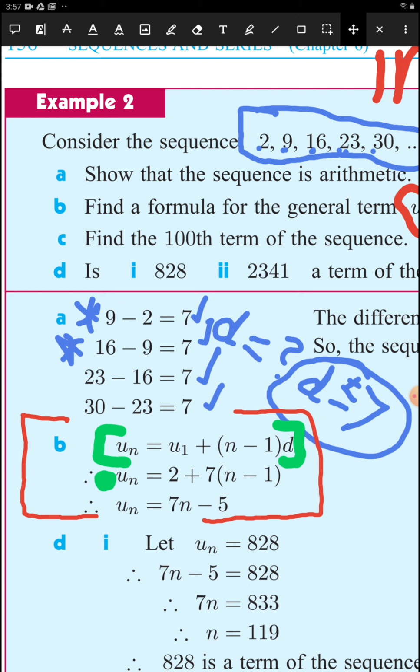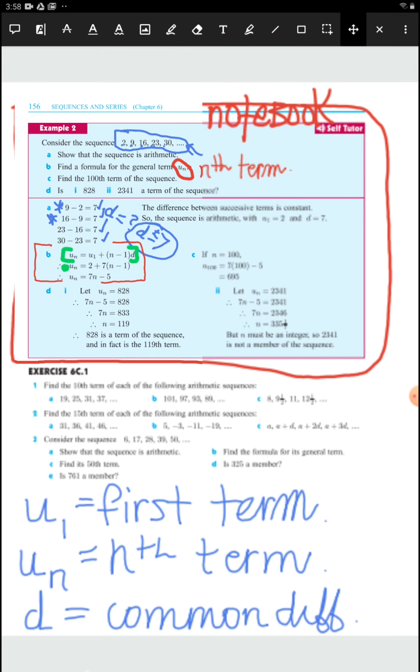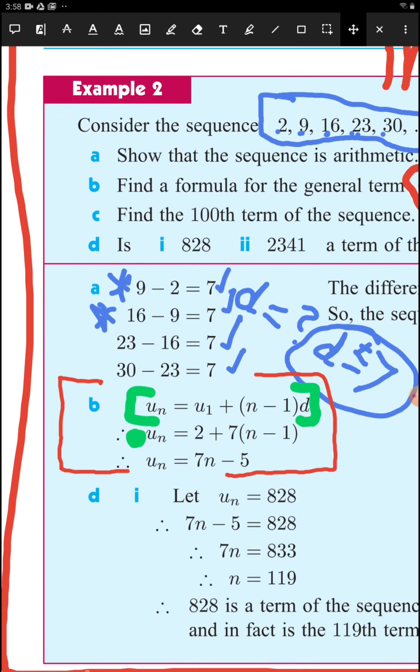The n minus 1 does not change because we don't know what n is. All they did was distribute the 7 and combine like terms to find that the general formula for U sub n is 7n minus 5. This is the formula for the general term. Very, very simple. I know you know how to do this.